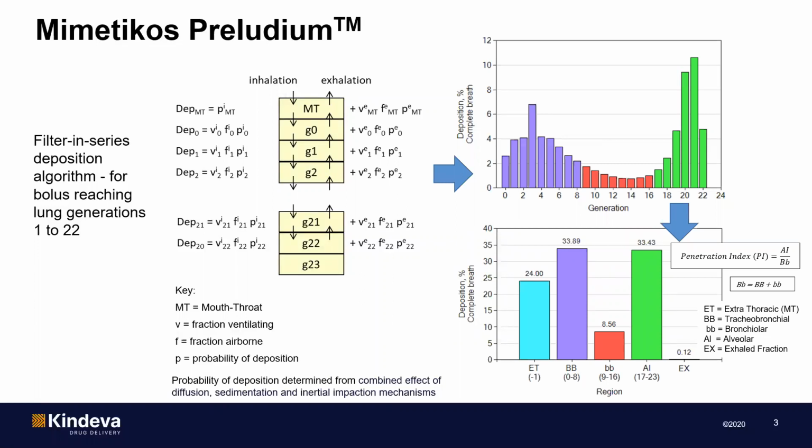Exhaled fraction is also determined at the same time. Penetration index can then be determined from that regional lung deposition, and that gives an indication of the deep lung deposition.